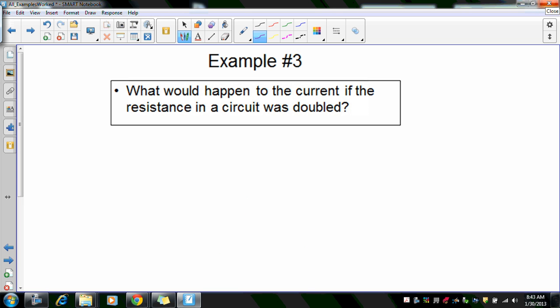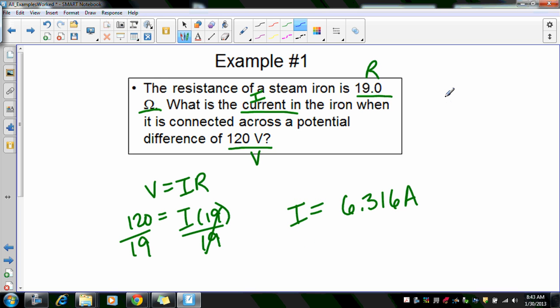All right, so here's another example. It says, what would happen to the current if the resistance was doubled? Ooh, there's no number here. But this is a change. Saying doubled, so this is a factor problem. These last two, 1 and 2, have been plug and chug.